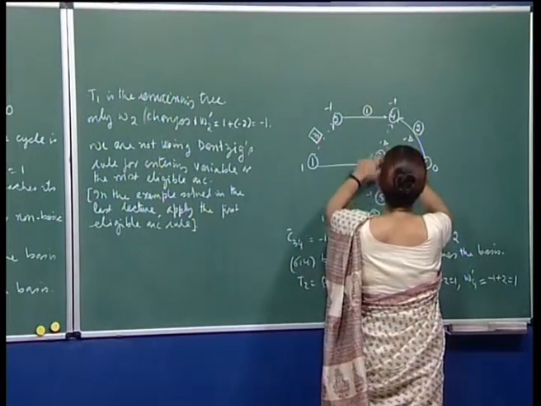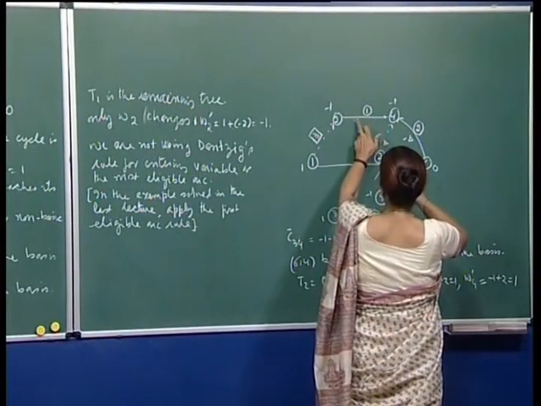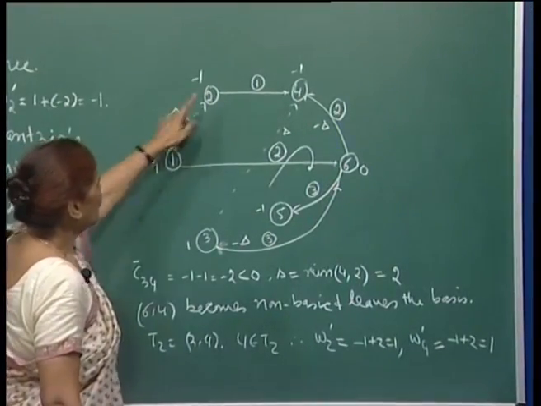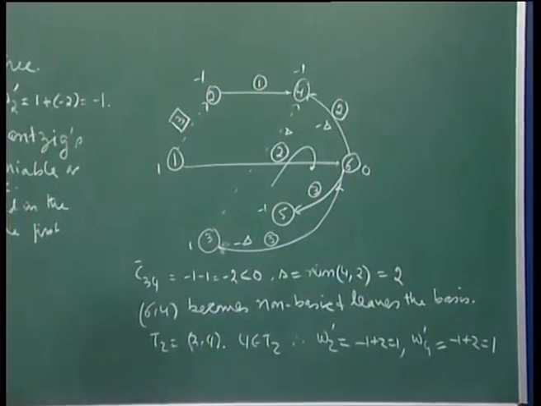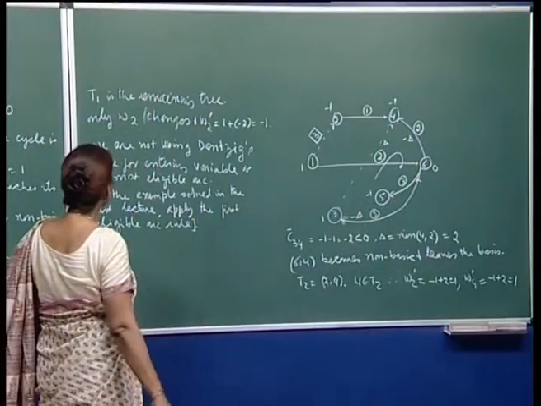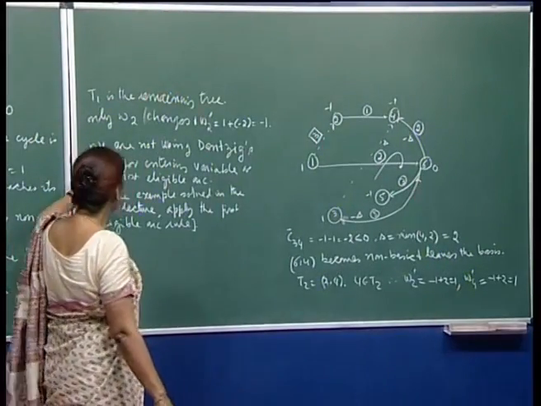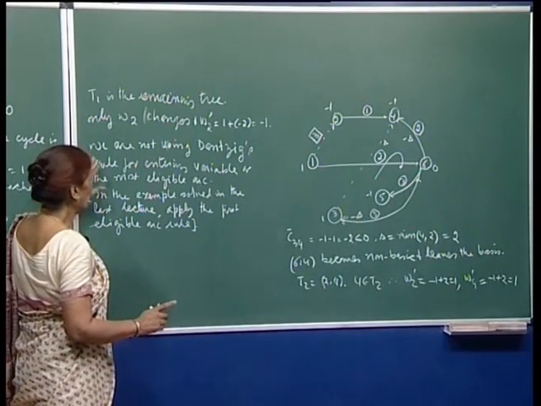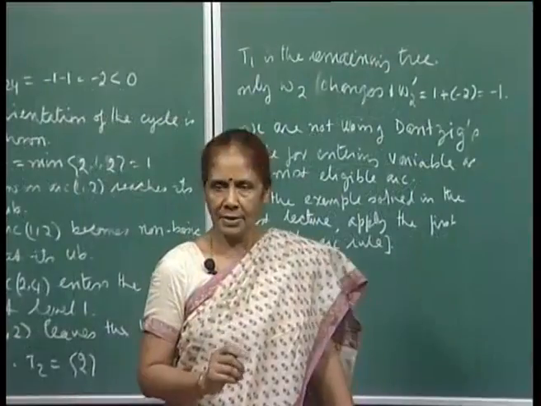It is 2, 2, and this flow becomes 1. Arc 2 4 enters the basis at level 1, and this becomes non basic. Now we continue. As I said, I am not using Dantzig's rule for the entering variable, where you choose the most eligible arc.